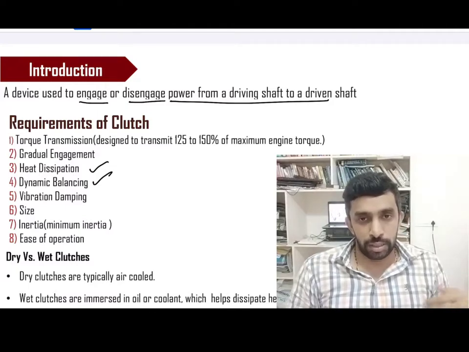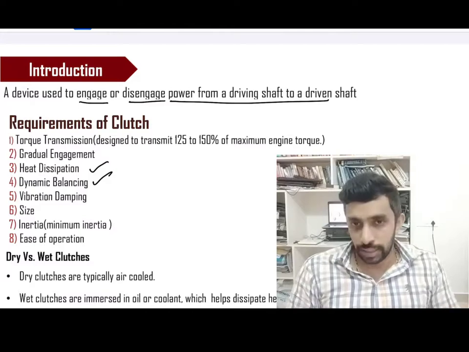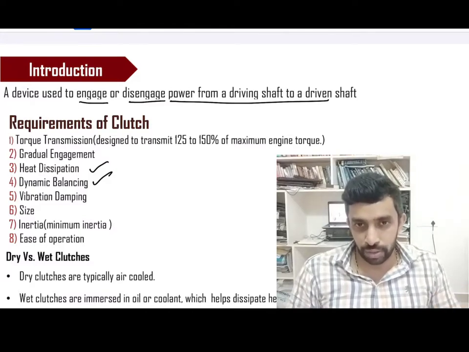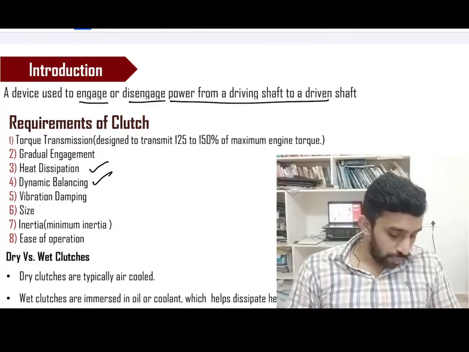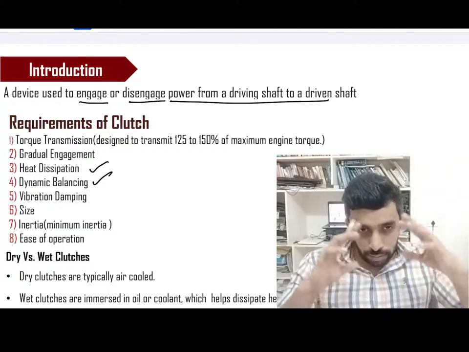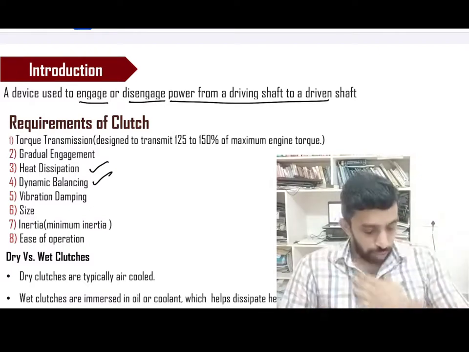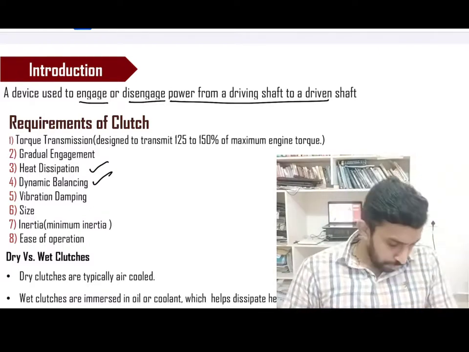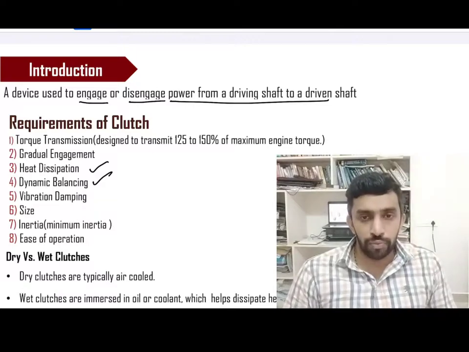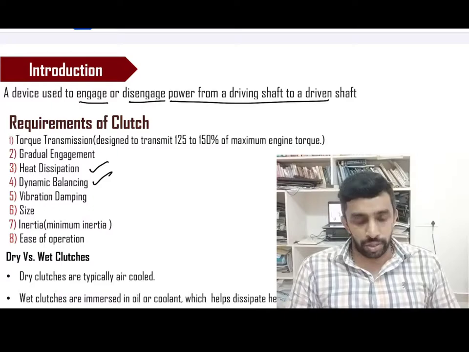Since there is rotation involved, and engaging and disengaging happen, there are higher chances of vibrations because of the presence of jerk also. So the material used, or the body of the clutch, should be able to damp a certain amount of vibration. Damp means to reduce, to absorb a certain amount of vibration.